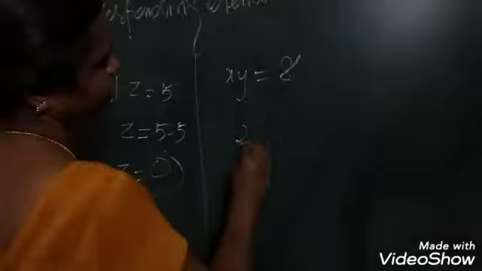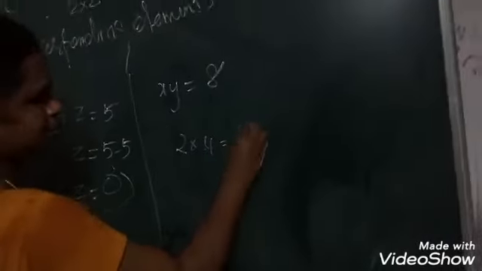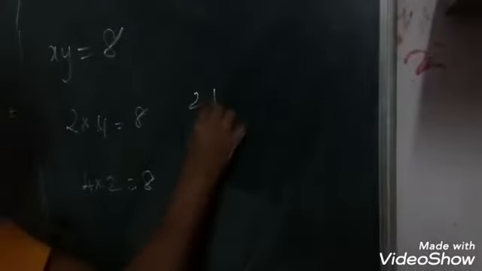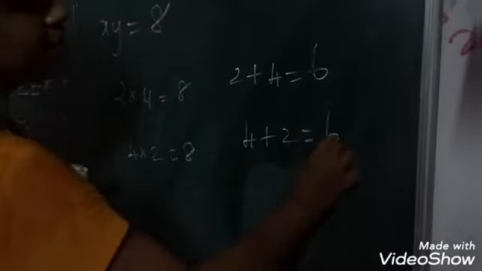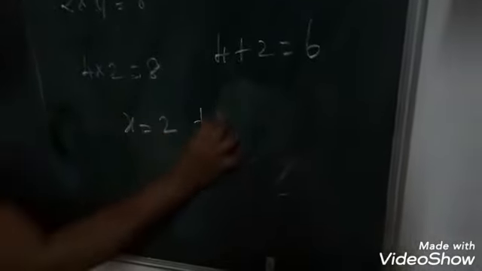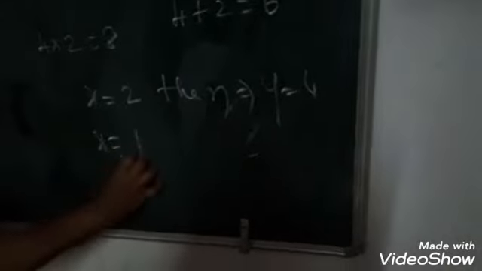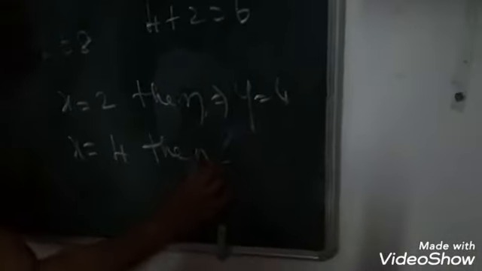Yes, you have to write 2 into 4, 8, or otherwise 4 into 2, 8. If you add 2 plus 4 you will get 6, and 4 plus 2 is equal to 6. So if you take x is equal to 2, then y is equal to 4. If you take x is equal to 4, then y is equal to 2. This is the answer.